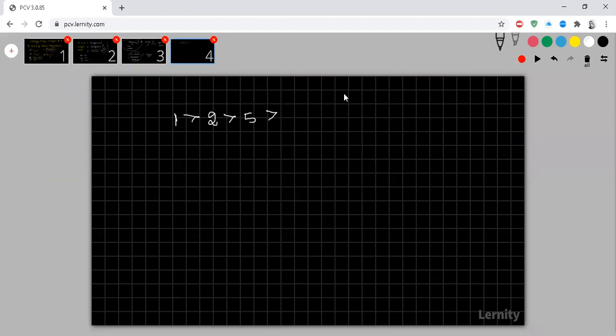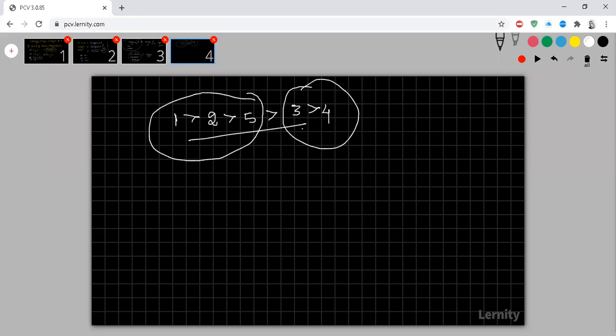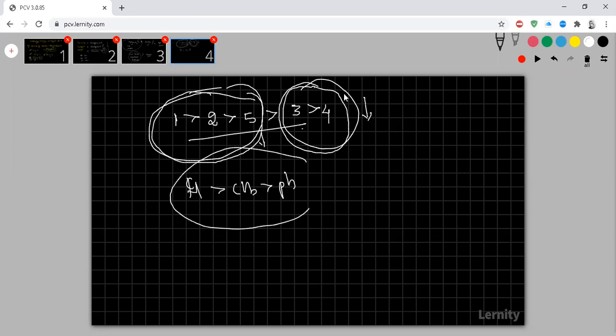So in that case, we will get 3 greater than 4. So this is the aldehyde set, this is the ketone set. So as the crowding increases, reactivity, that means rate, decreases. Here also the crowding increases, the rate decreases. Crowding is H less than CH3 less than Ph. So this is simply based on the size factor I explained.